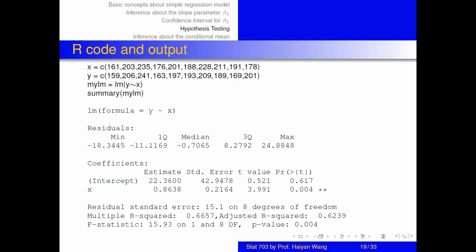This is done by picking up the values here, like 0.86, that's the beta 1 hat, and then plus or minus the standard error, 0.2164, multiplied by the critical value from the t distribution. That will give us the confidence interval.